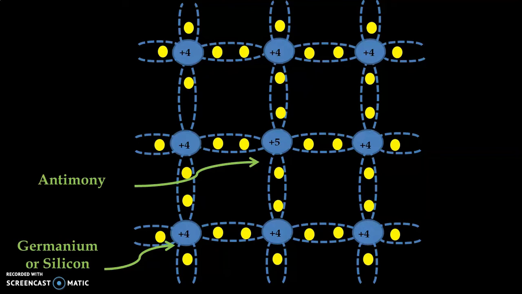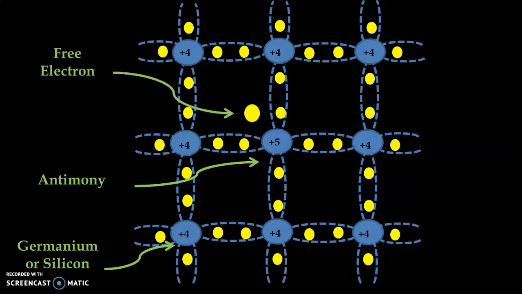But 1 electron remains free, which does not have any covalent bond with any of the valence electrons of the silicon. It is away from the nucleus and it is bound with the nucleus with very less force of attraction. In that condition, it is very easy to detach this electron from the nucleus and make it a free electron.